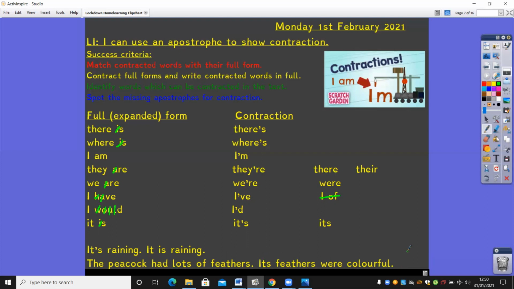No, that wouldn't make sense, would it, children? So that means that I must not put an apostrophe here because it is not a contraction. In fact, it's a word in its own sense because it shows us that these feathers belong to something. And in fact, it tells us that the feathers belong to the peacock.